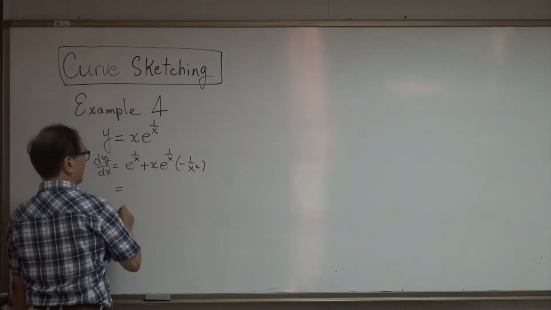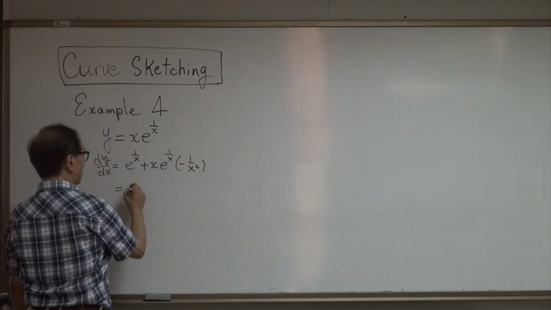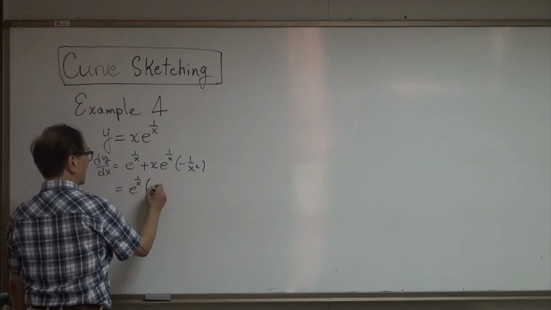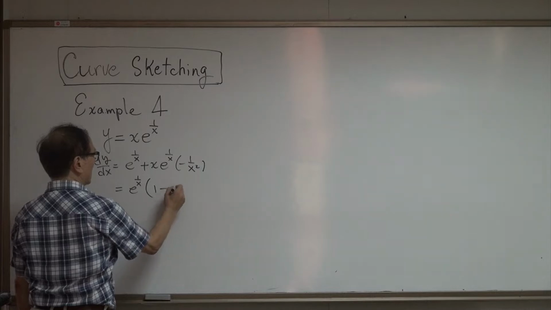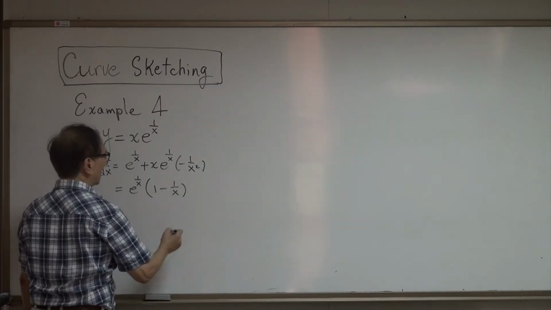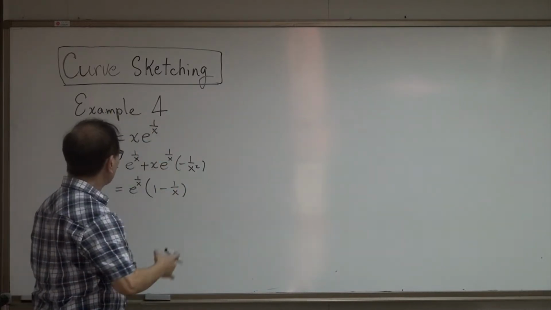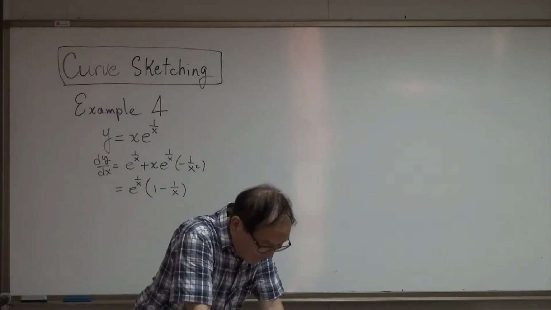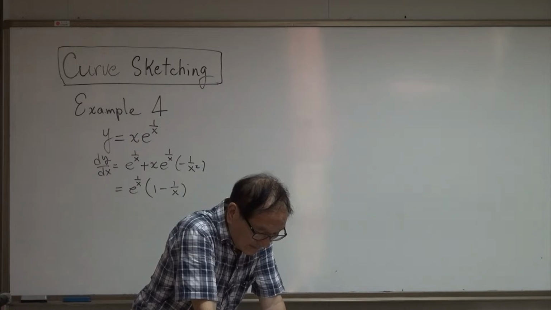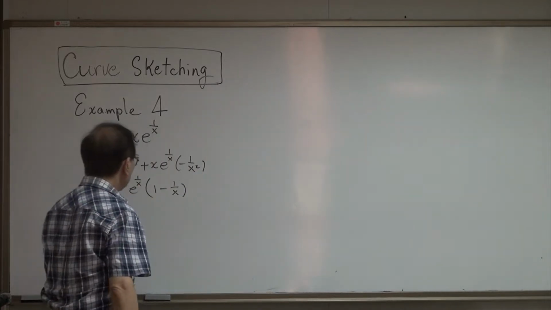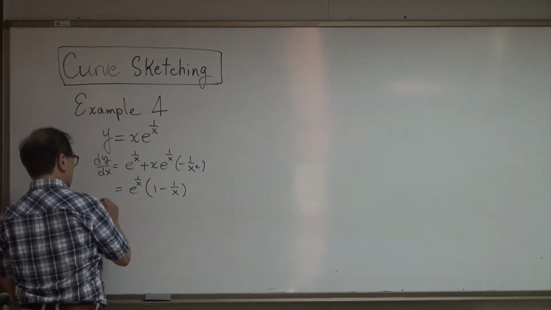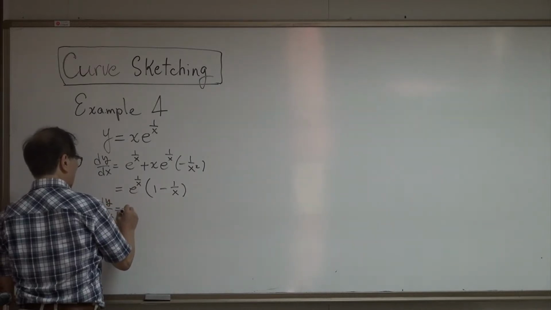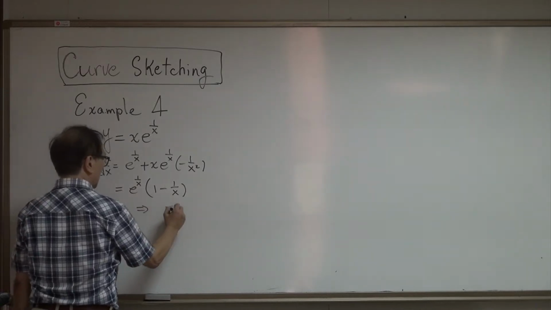And you simplify, e to the 1 over x is common, 1 minus 1 over x. Is that correct? It's correct. So when dy/dx equals 0, that means x equals 1, right?